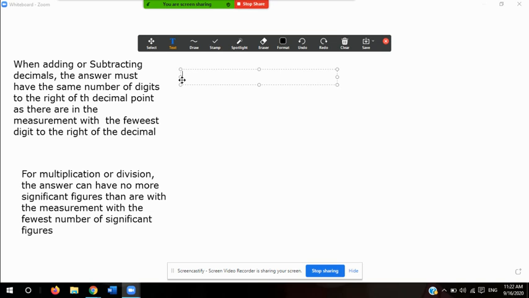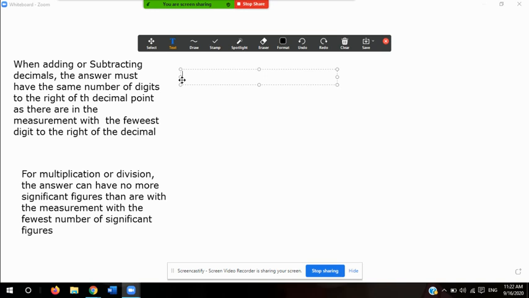This does vary in some books, so it's always good to keep that in mind. So sometimes, depending on the type of problem that you have, you can round that to the nearest whole number.